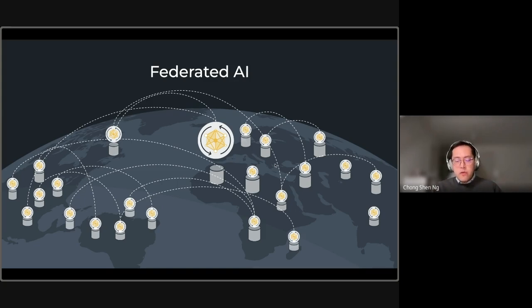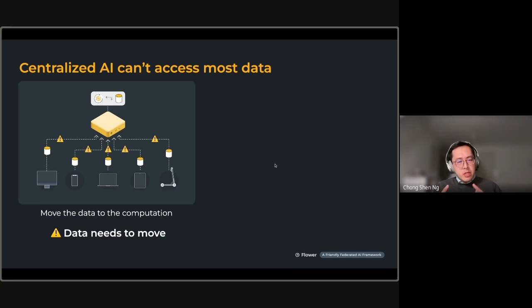Given this overview, the takeaway is that with centralized AI, let's say you have a lot of devices generating data, and you want to centralize it on a server and train on it. Unfortunately, centralized AI can't access most of the data, because you need to move the data, and that creates challenges, especially across geopolitical borders.